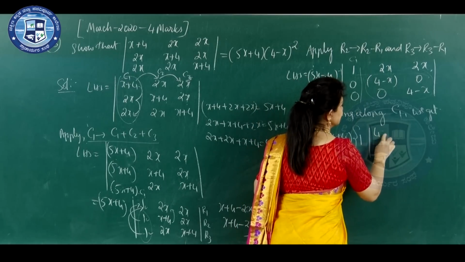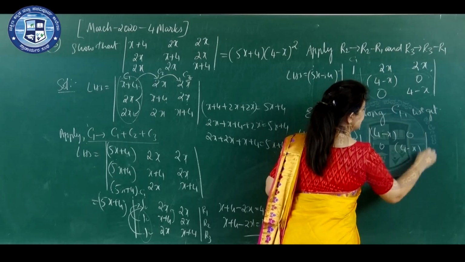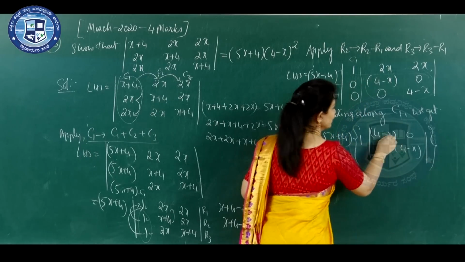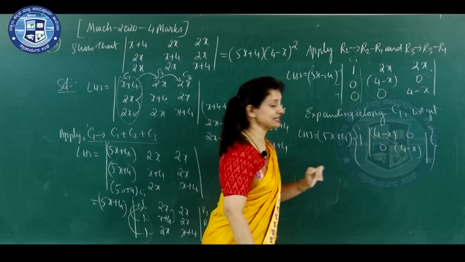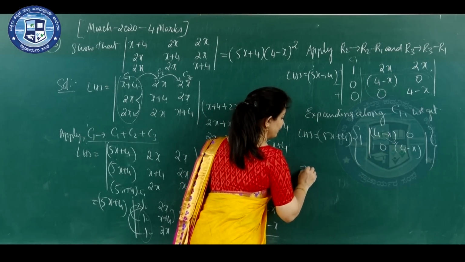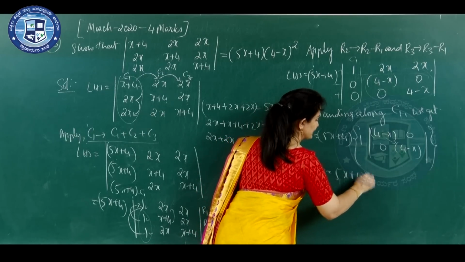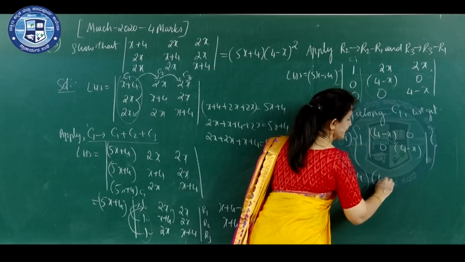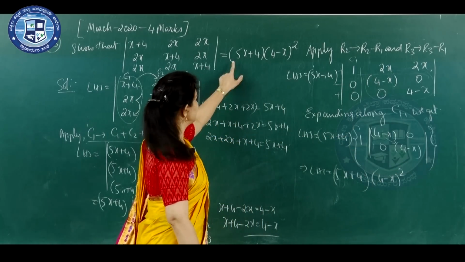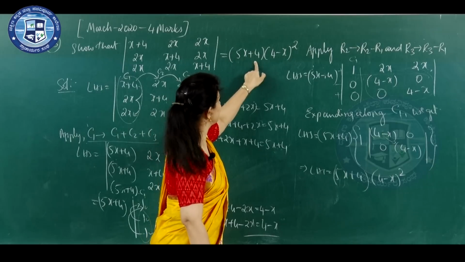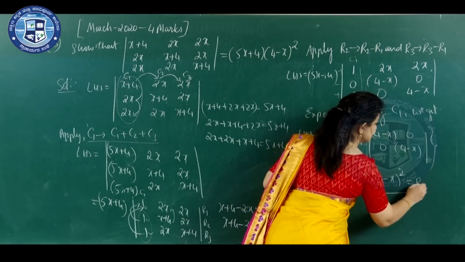When you cross multiply, here we have 4 minus x into 4 minus x, 4 minus x the whole square. So therefore, LHS equals 5x plus 4 into 4 minus x the whole square. Is it the factor of RHS? 5x plus 4 into 4 minus x the whole square, which is RHS.